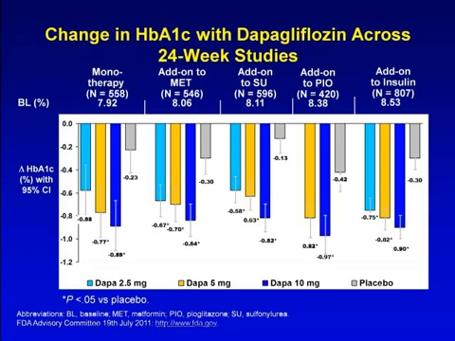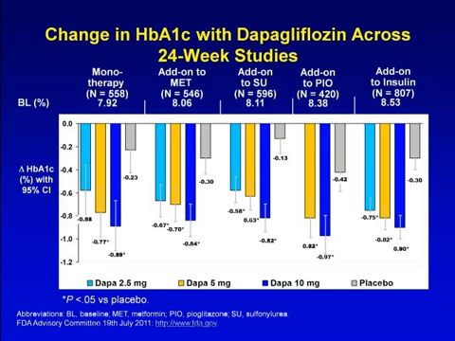I'll now go through a range of studies on one slide, and the next slide shows dapagliflozin over 24 weeks as monotherapy, metformin combination, add on to sulfonylurea, add on to pioglitazone, and add on to insulin. And what you see is a consistent reduction in A1C, more or less similar in each of these background therapies with 2.5, 5, and 10 milligram doses of dapagliflozin.